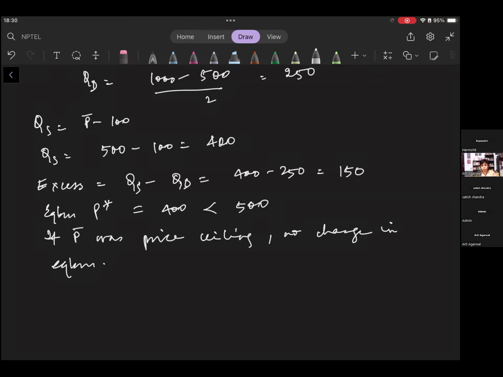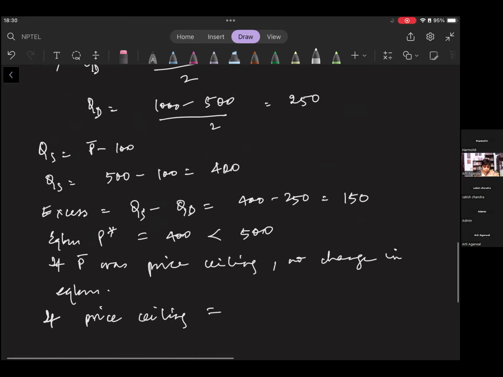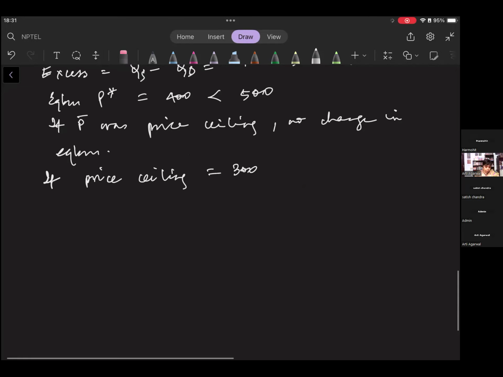Ma'am, in case the price ceiling is less than the equilibrium price, then what will be the case? Then you will do the same thing I've done and you will find that there is a shortage instead of an excess. Suppose the price ceiling is 300. What was the price initially? 400. So suppose the price ceiling was 300, then you again calculate QD and QS at that price.